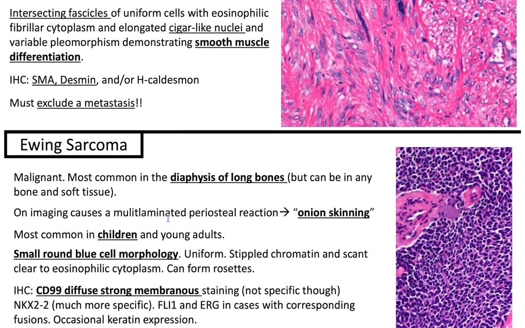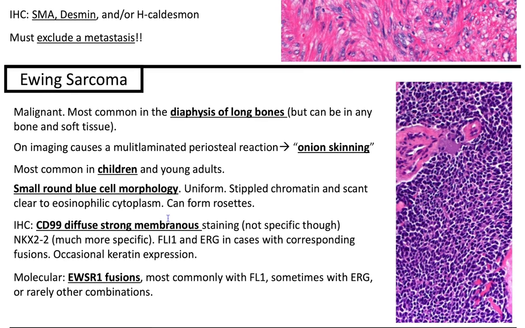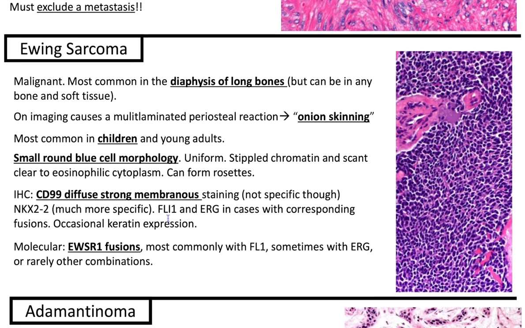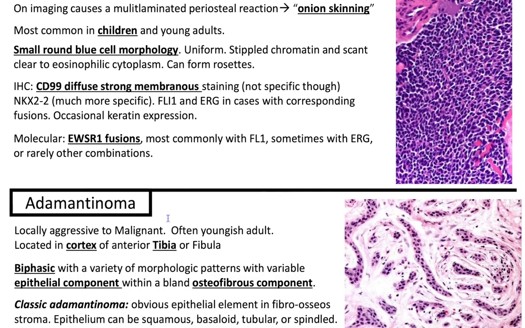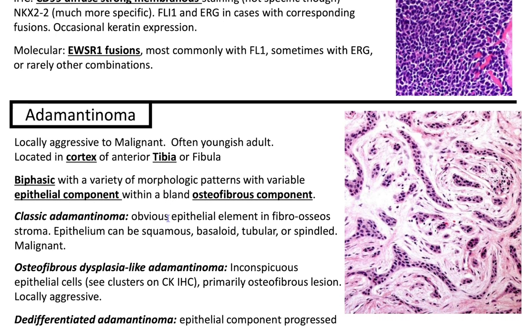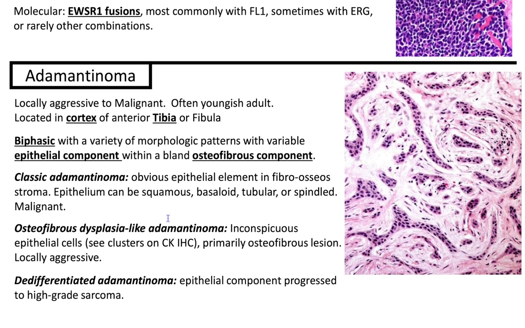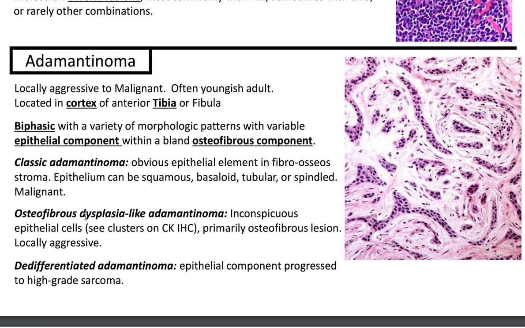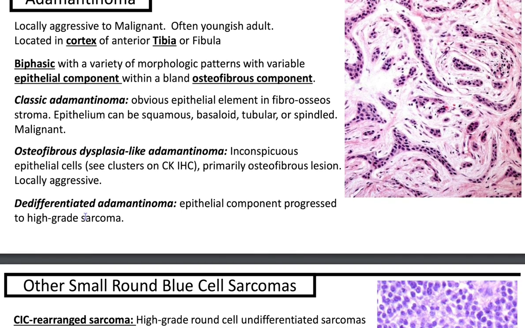Leiomyosarcoma, Ewing sarcoma, get that CD99 diffuse membranous, NKX2.2, FLI1, ERG, depending on their fusion. Adamantinoma, located in the cortex of anterior tibia or fibula. It's biphasic with an epithelial component and a bland osteofibrous component. You can get classic, osteofibrous dysplasia-like adamantinoma and dedifferentiated adamantinoma.